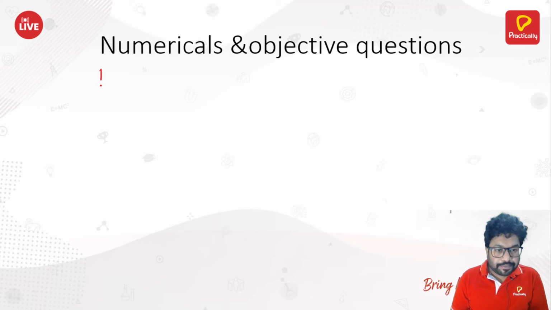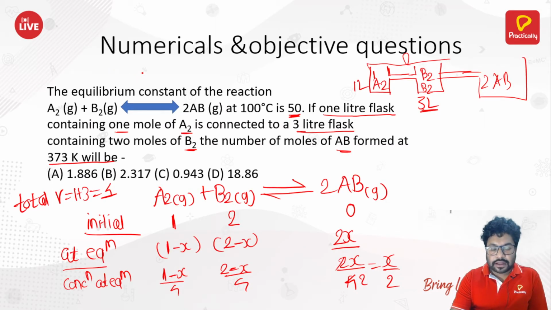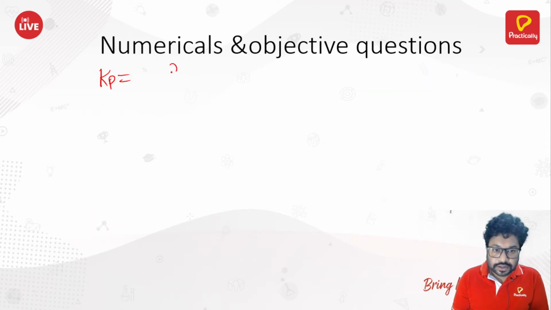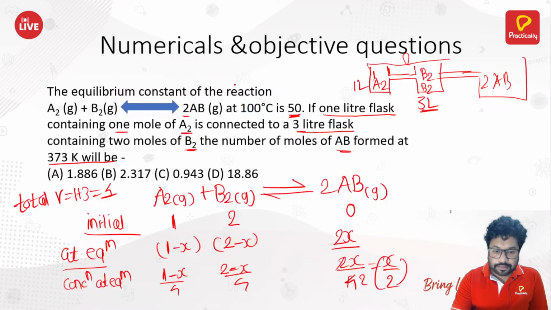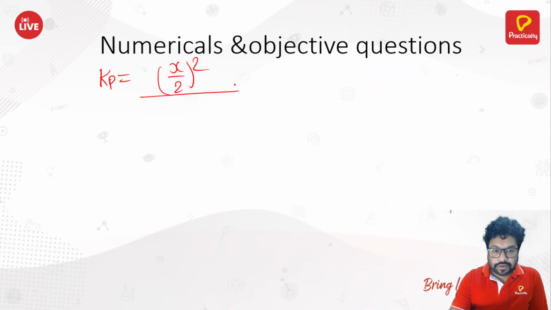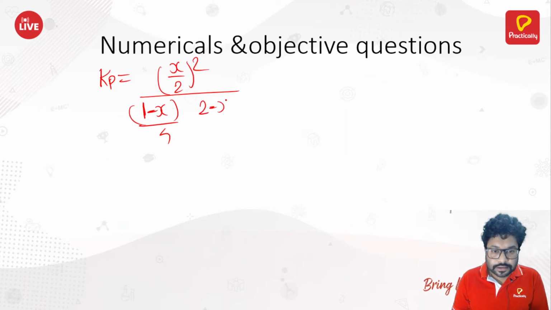So your Kp will be equal to the concentration of AB squared, because the coefficient is 2, right? So x by 2 squared, divided by 1 minus x divided by 4 for your A2, and for B2, 2 minus x divided by 4, right?